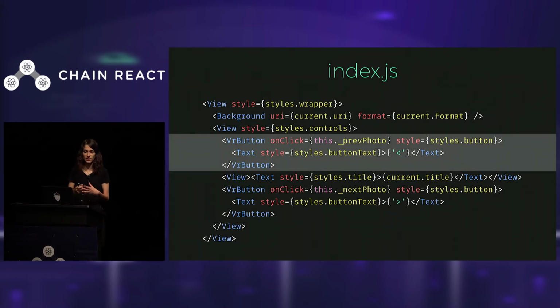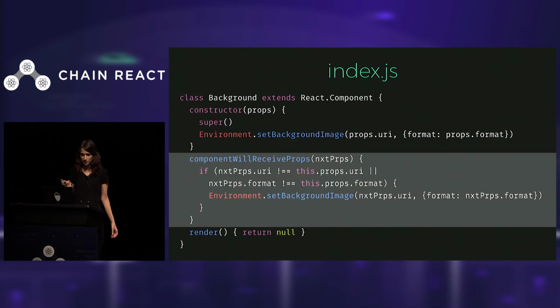So a VR button is like a div, I guess, a non-visible container or wrapper element that detects all clicks and click type behavior of various input devices. And to give it an appearance here, we add styling and a nested text component. And the background component is this custom class that listens to prop changes and then sets the environment background image.